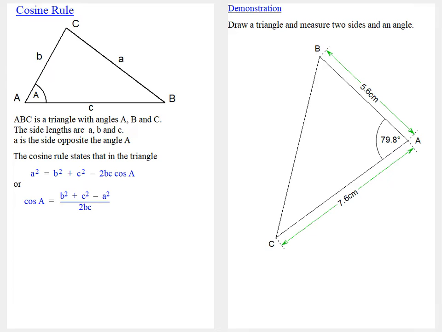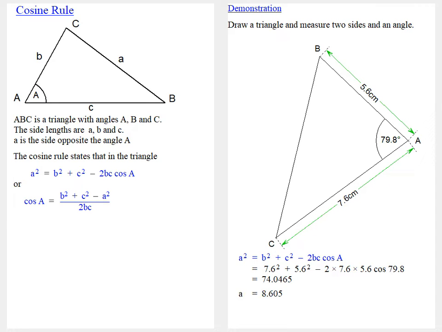Now, if we put those values into the formula for the cosine rule, we have a squared equals b squared plus c squared minus 2bc cos A. So a squared equals 7.6 squared plus 5.6 squared minus 2 times 7.6 times 5.6 cosine 79.8. And if we put that into a calculator, we get a squared is 74.0465.